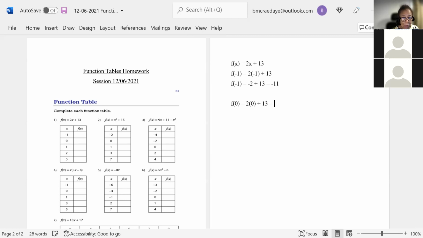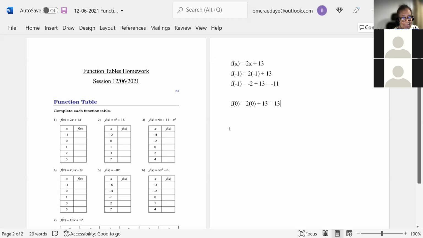What's that equal to? f of 0. Yeah, what's 2 times 0? 0. That's right. What's 0 plus 13? 13. That's your answer. Got it? Yeah. So f of 0 is 13 because 2 times x is 2 times 0, which is 0, and 0 plus 13 is 13.